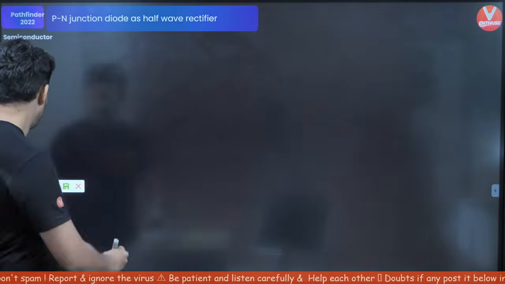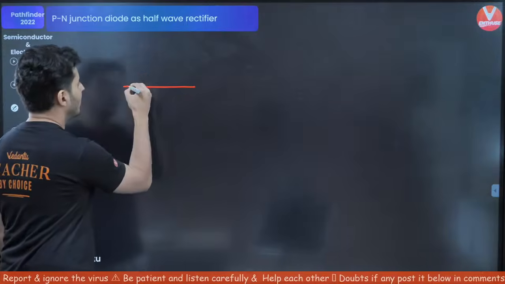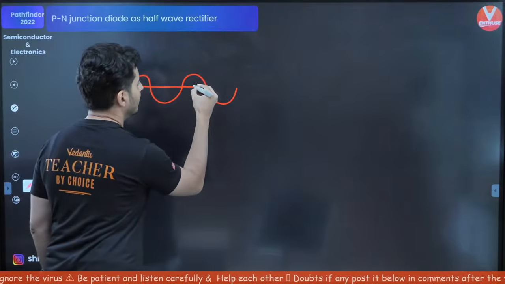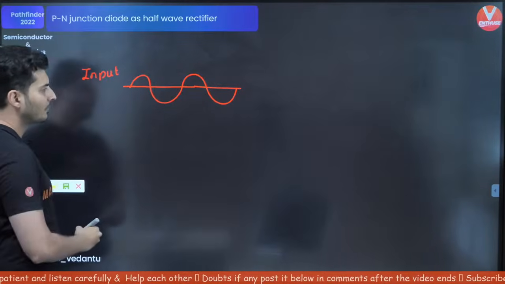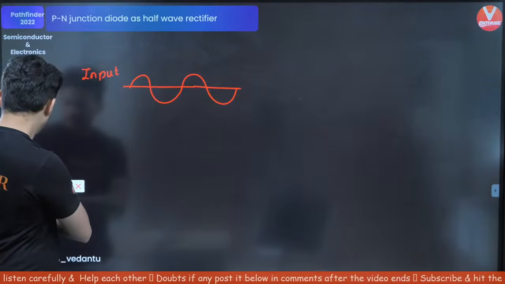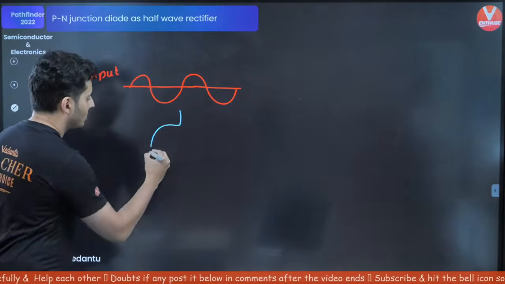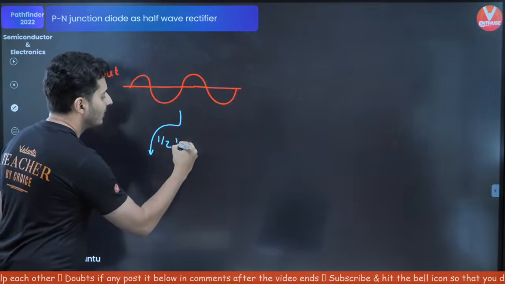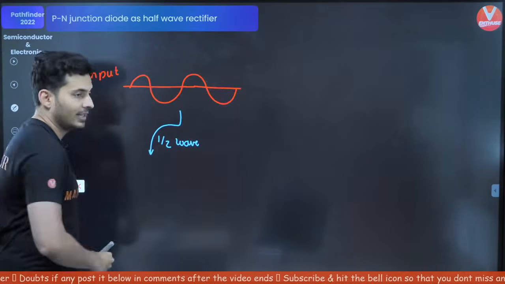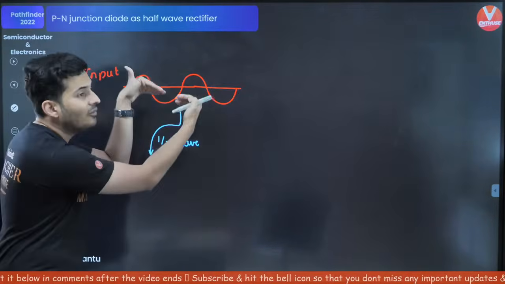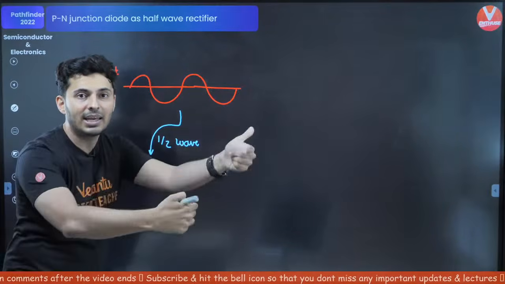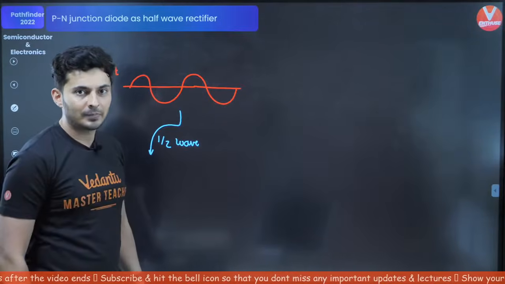Just imagine this. This is your input AC signal. You perform a rectification. Let's say I call it half wave rectification. In half wave rectification, only half of the complete wave will enter inside.